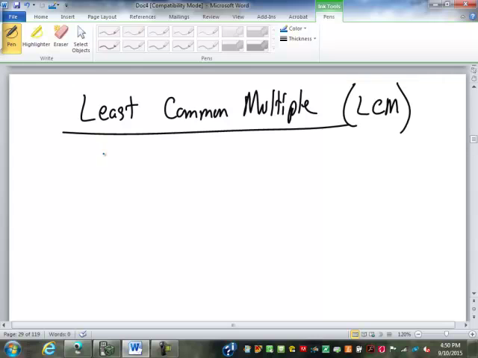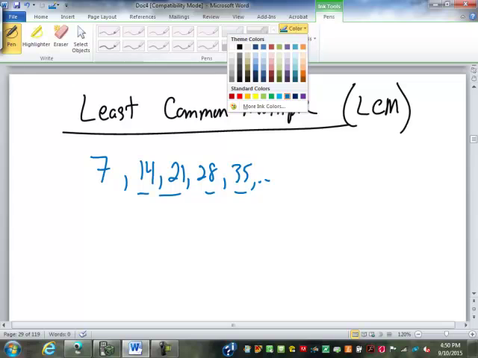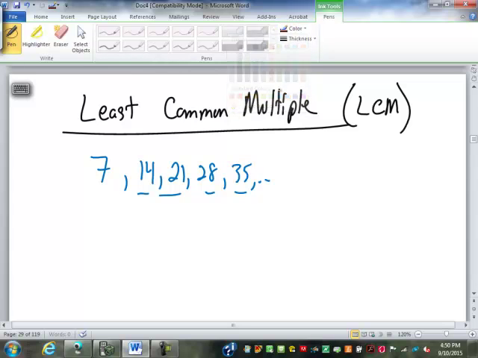For example, multiples of 7 would be 14, 21, 28, 35, and so on, because all of these numbers can be divided by 7. The least common multiple, if I have two numbers like 12 and 16, is the smallest number that both of those can go into. Now for 12 and 16, it would be 48.